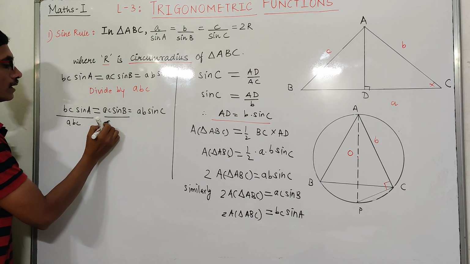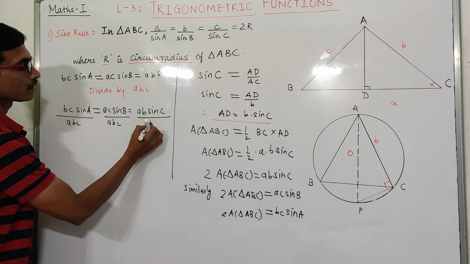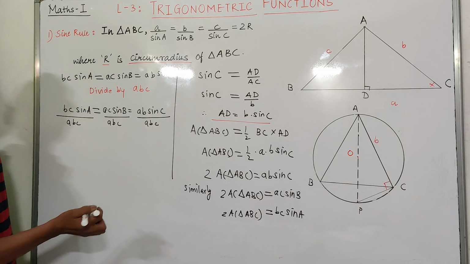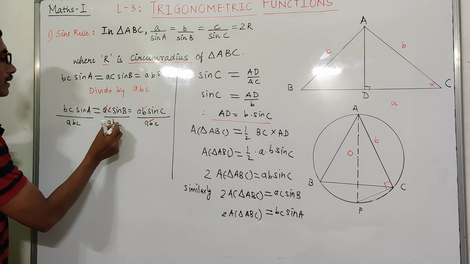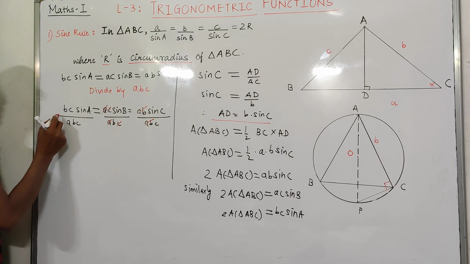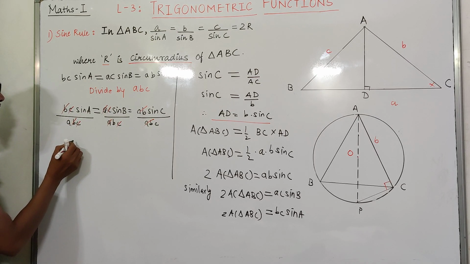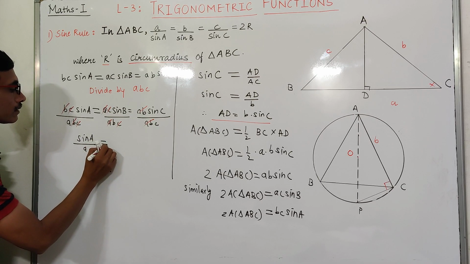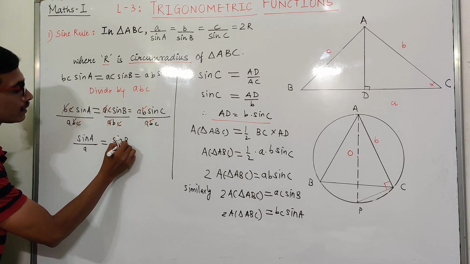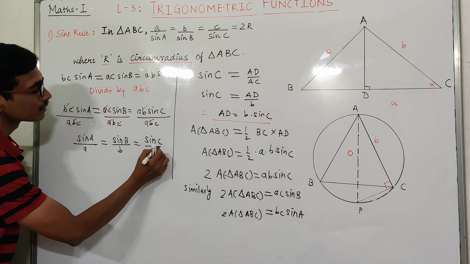So clearly ab cancels here, ac cancels, and here bc cancels. What is left? sin A upon a, sin B upon b, sin C upon c.